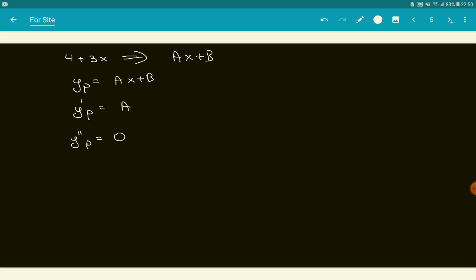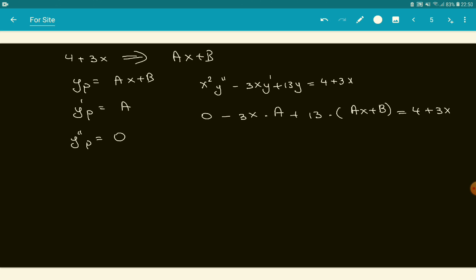Okay, so I put everything back in the equation. I hope you remember the equation: x squared y double prime minus 3x y prime plus 13y is equal to 4 plus 3x. If I put them back, it will be 0, minus 3x multiplied by a, plus 13 multiplied by (ax plus b), equal to 4 plus 3x.